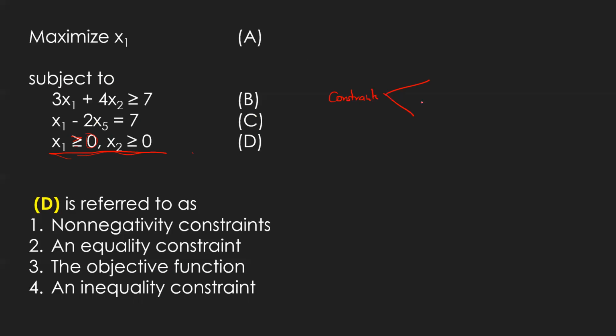Dalawa yan, di ba? Una yung expressed, the other one is implied. Express or sabihin natin business rules. Ito physical law. Okay? So, ito sinabi sa ganyan, nakalagay sa problema, alam, known na siya. Pero ito, characteristic na mismo ng item.